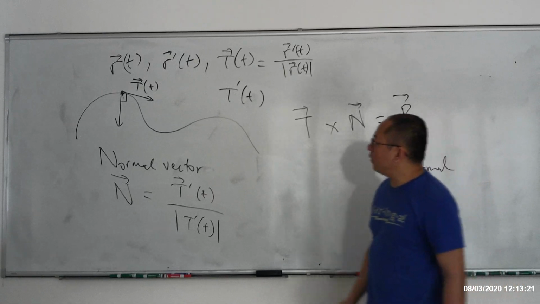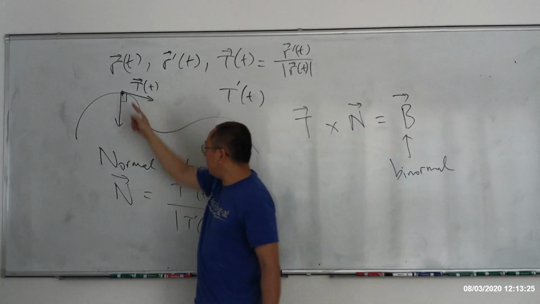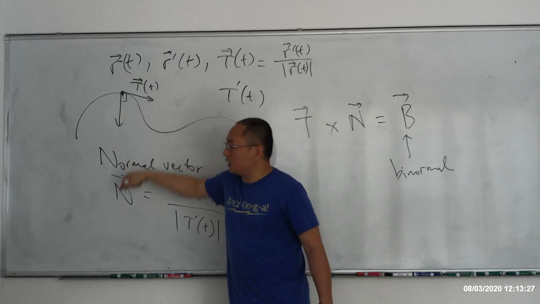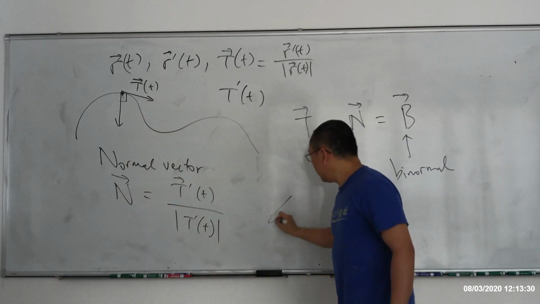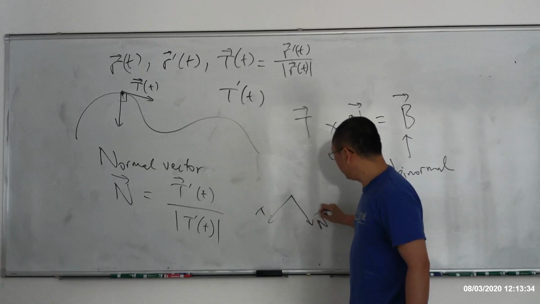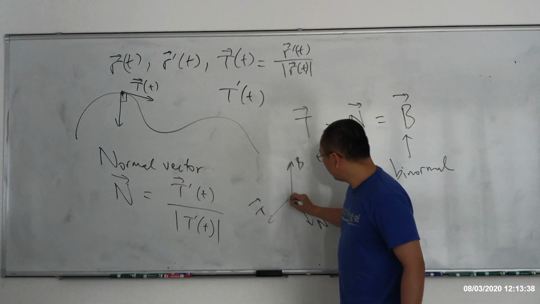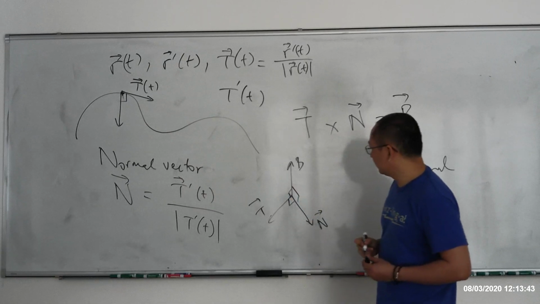And like what we learned before, for the cross product, vector b will be perpendicular to both n and t. So if you have t right here and n right here, both unit vectors, b is going to be up here. They're all perpendicular.